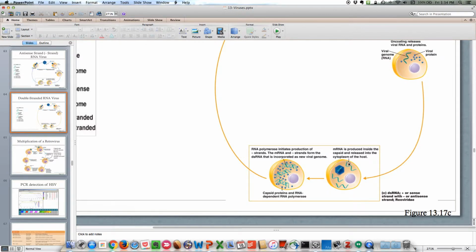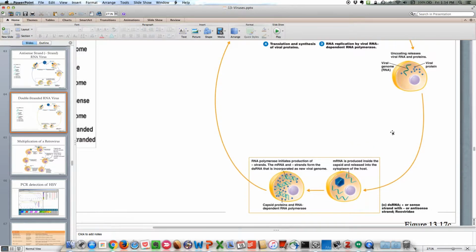And again, the positive sense strands are going to serve as templates for the negative sense strands and vice versa. And so you see here RNA polymerase initiates the production of negative sense strands. The mRNA and negative strands form the double-stranded RNA that's incorporated into the new viral genome. So you add those plus sense and minus sense strands together, and now you've recreated your double-stranded RNA genome.